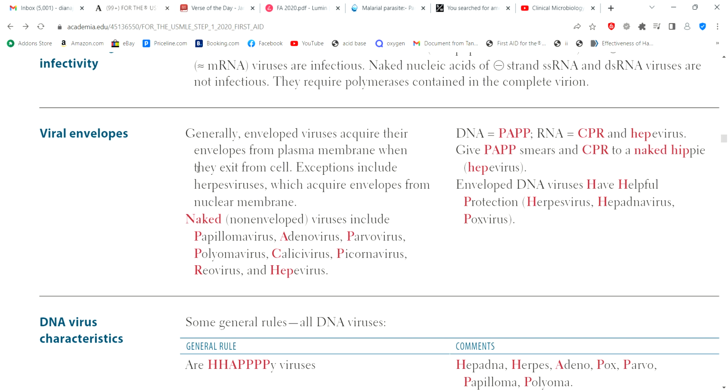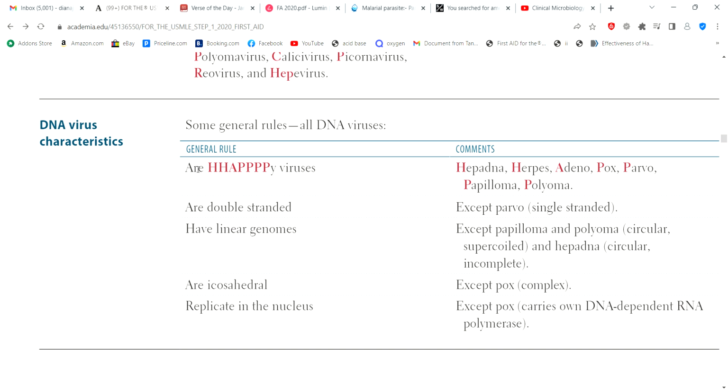Next, DNA virus characteristics, some general rules. DNA viruses are herpes, adenovirus, pox, parvovirus, papilloma, and polyomavirus. They're double-stranded except for parvovirus, which is single-stranded.